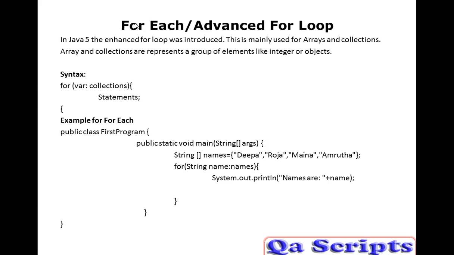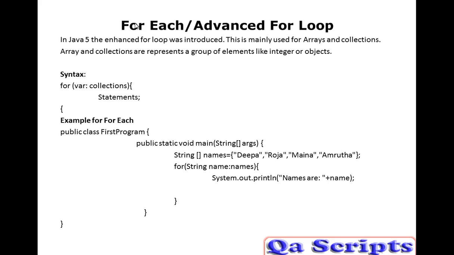Here I have used string as the data type, because the array data type here is string, so I have to use string only. If you use int, then it will not accept, because the array type I have given should be used here in the for loop. So I have used the data type as string, and I have defined one more variable, that is name.